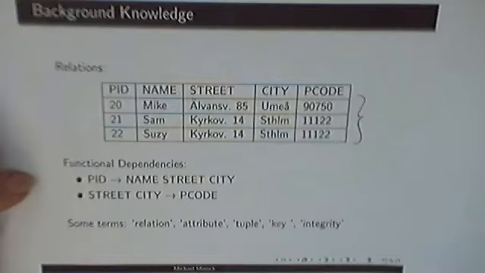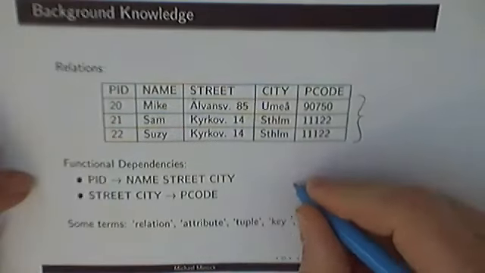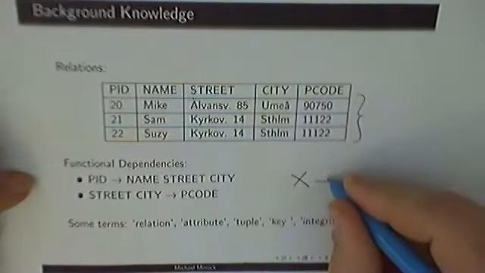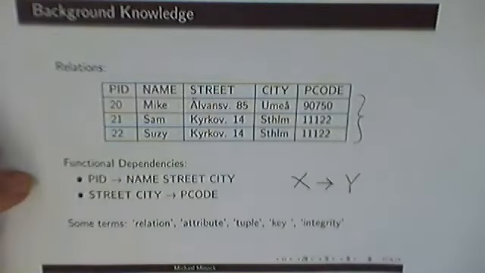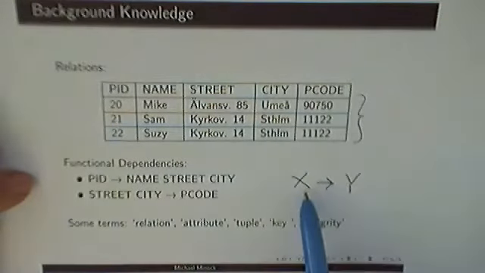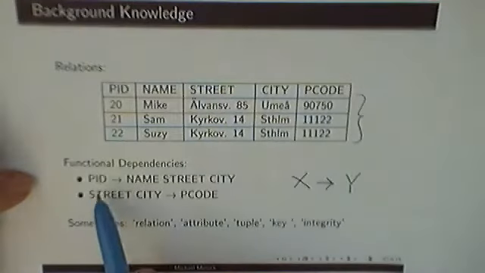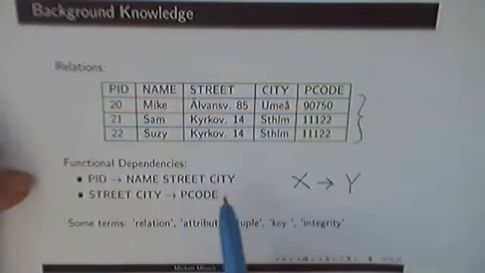Now, there's what's called a functional dependency. Normalization theory is based on what are called functional dependencies. Functional dependencies are of the form X, a set of attributes, then a right arrow, Y, another set of attributes. So in this case, the set X is just the set including PID, and Y is the set including name, street, and city.